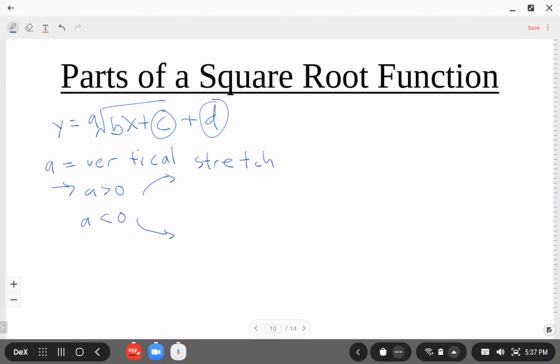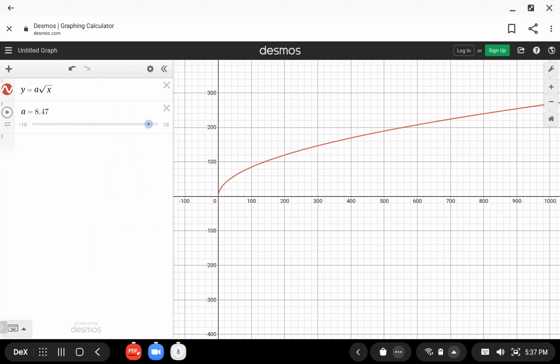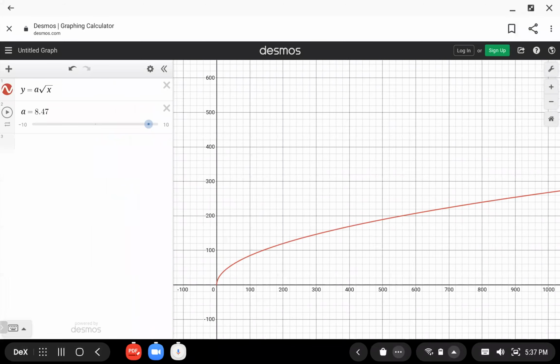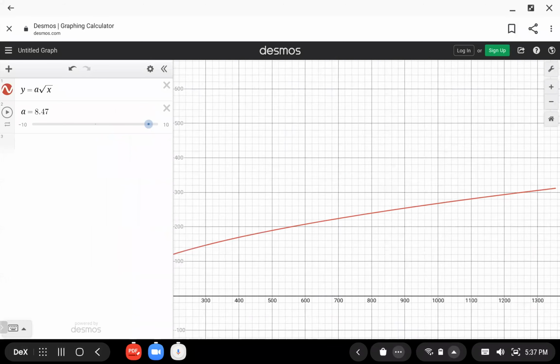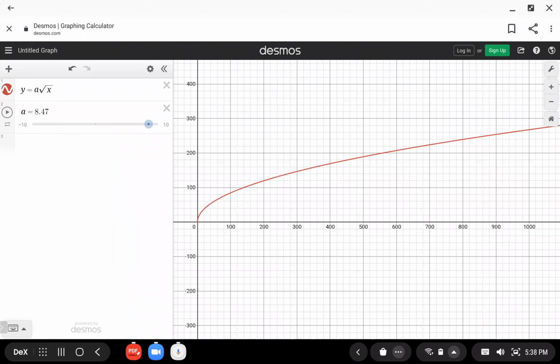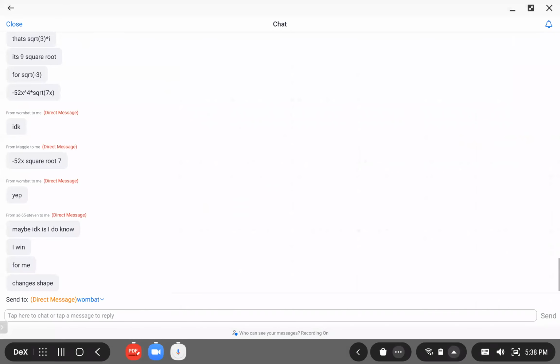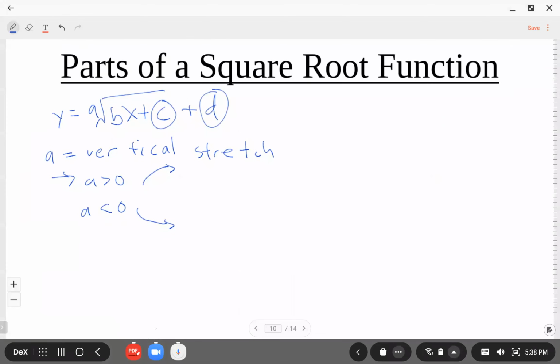When a is positive, as we see here, a is 8.47, that's positive, the y is increasing positively. It's not decreasing, that doesn't make sense. It's increasing the y value. And when it's negative, which is less than 0, it will decrease the y value.